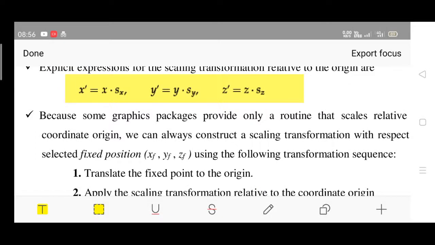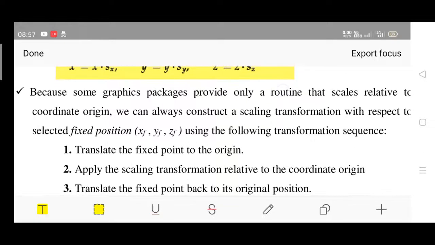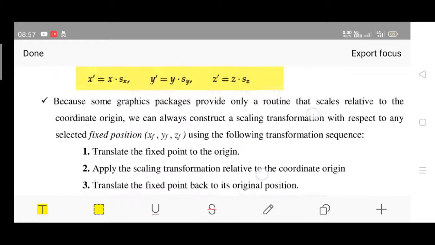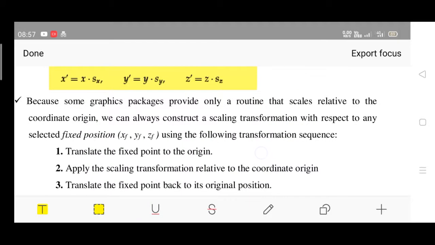Once again, scaling is a non-rigid body transformation. Scaling is to be performed along a particular axis, any of the axes like x or y or z. Because some graphics packages provide only routines that scale relative to the coordinate origin, we can always construct the scaling transformation with respect to any selected fixed position.